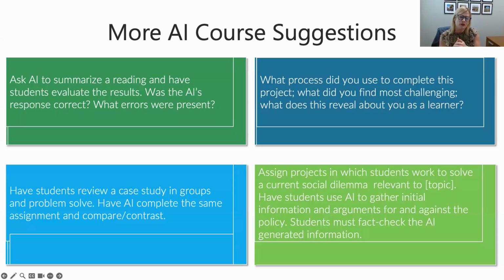I think with my students in the Gen AI and ID course, I have them reflect a lot. What was good? What was bad? What was challenging? How might you relate this to your future profession? Things like that are really helpful and give me insight into what's working for my students.